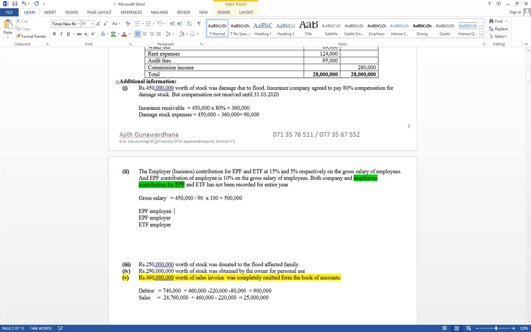All the values should be calculated based on gross salary. Therefore, gross salary equal 500,000. Contribution of employee equal 10%. Therefore, value equal 50,000. And employer percentage is given 15%. Therefore, here value equal 75,000.